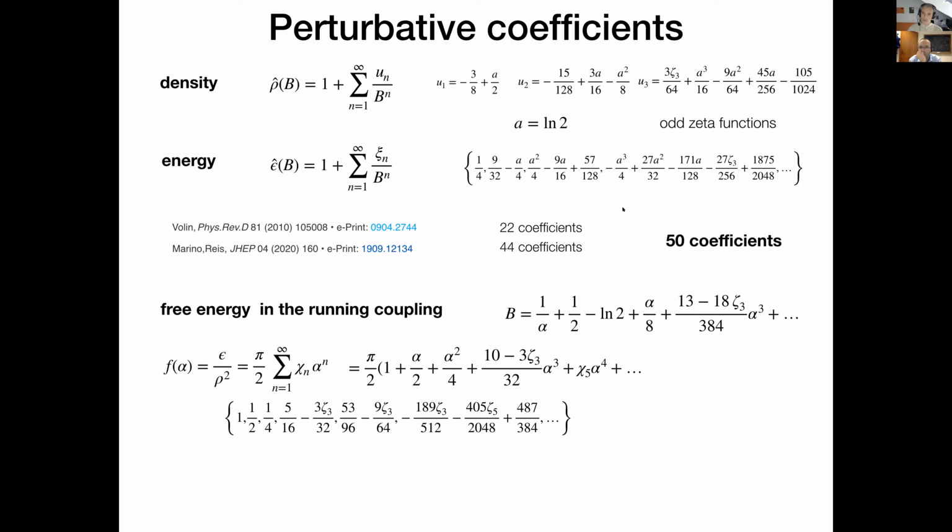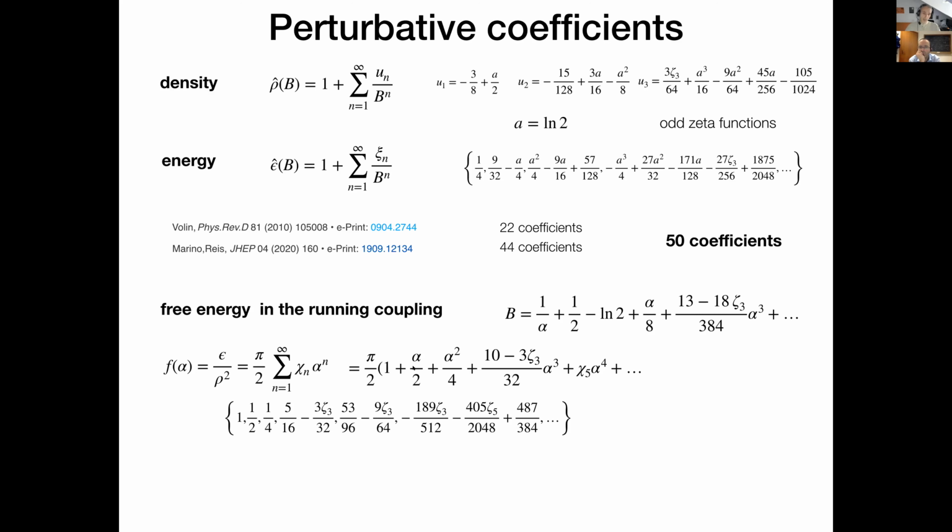Just before explaining how you could do a bit better, let me tell you that you can do the same for this free energy, which is epsilon over rho squared. You can express this quantity in terms of this alpha coupling, order by order.